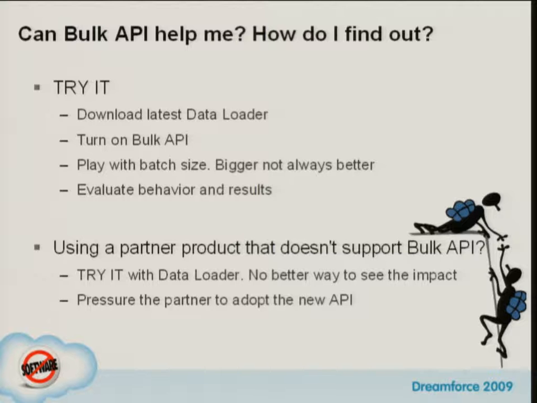It says bigger is not always better, and there's a question about that. When might it not be better? Well, if you've only got 10,000 records and you do a 10,000 record batch size, then it will certainly work. You will wait until that whole multi-megabyte file gets pushed up to the server before the first record is processed. If you know you're in that sort of 10,000 range, maybe a batch size of 1,000 is right.